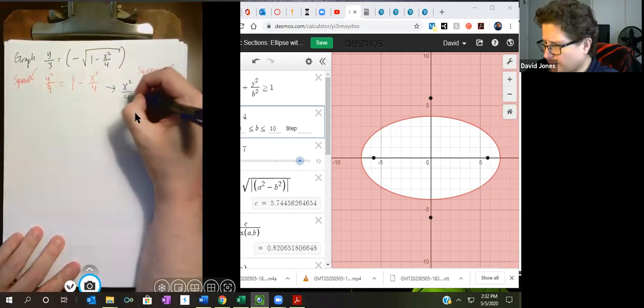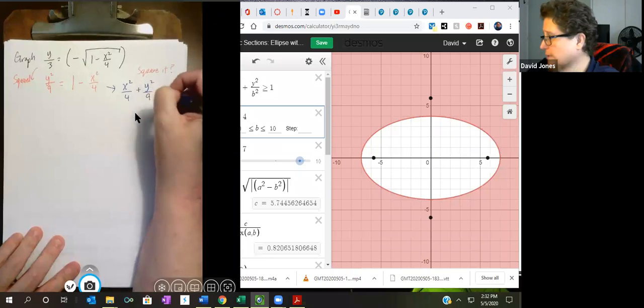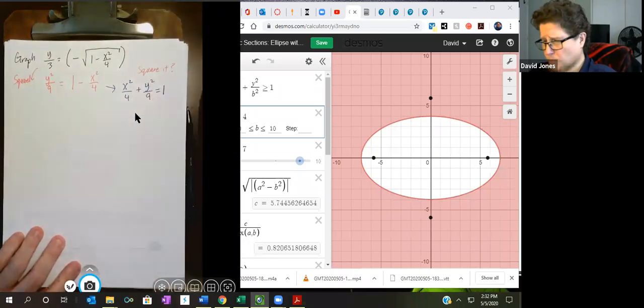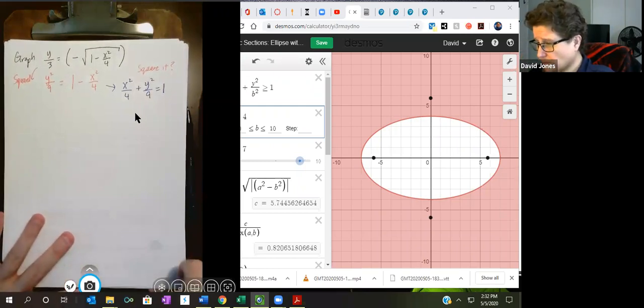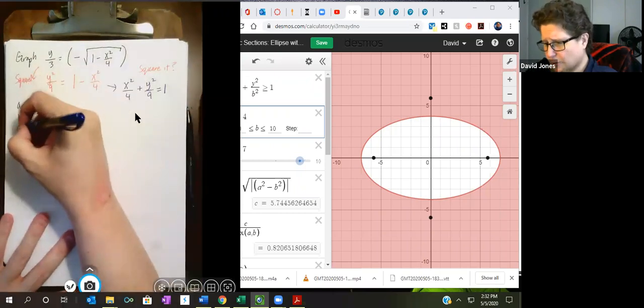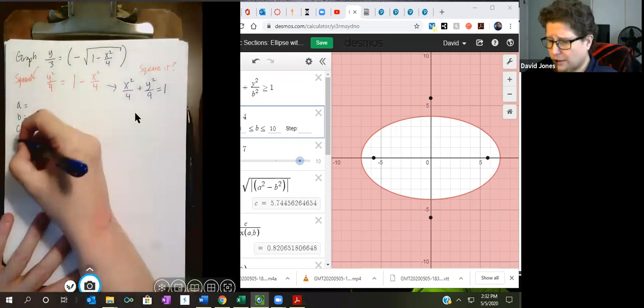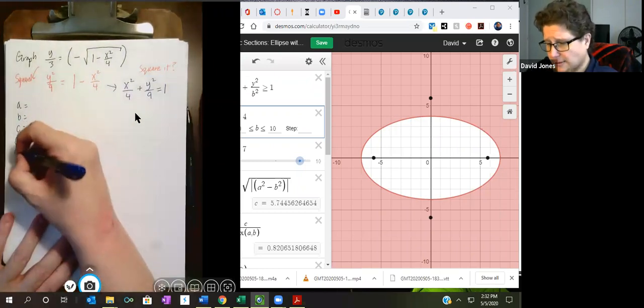We get x squared over 4 plus y squared over 9 equals 1. So what do A, B, and C equal? What's my center? What's my major axis?